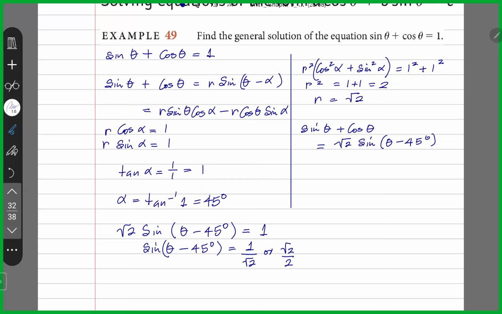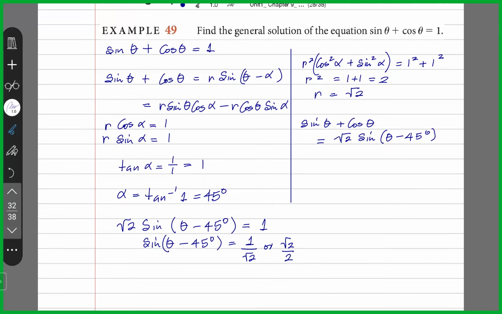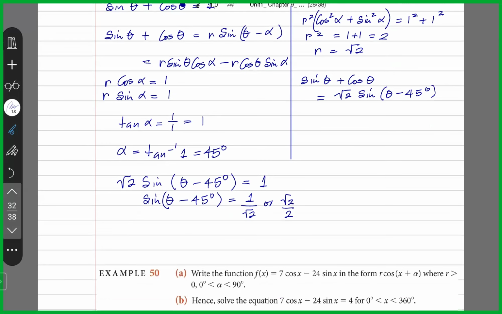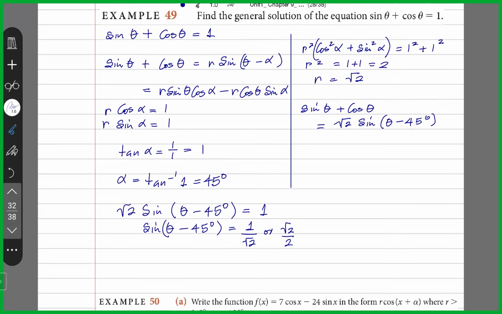And remember, what we're asked to find is the general solution. So theta minus 45 degrees is equal to sin inverse of root 2 over 2, which is actually 45 degrees.